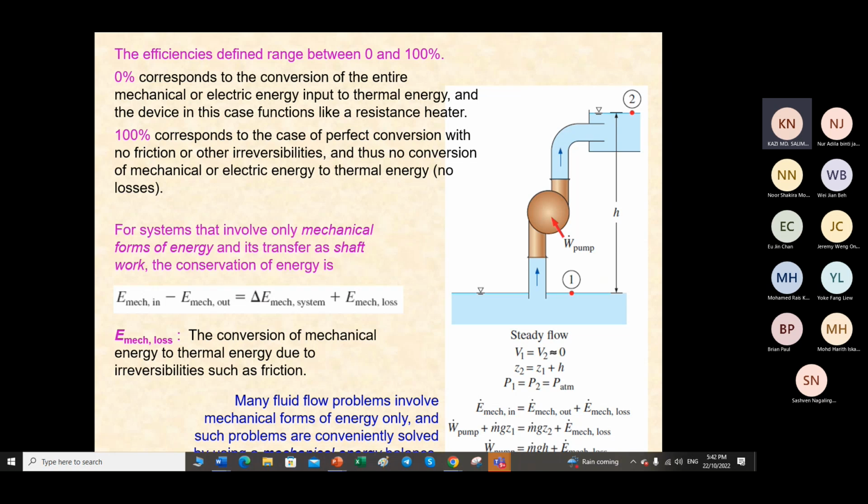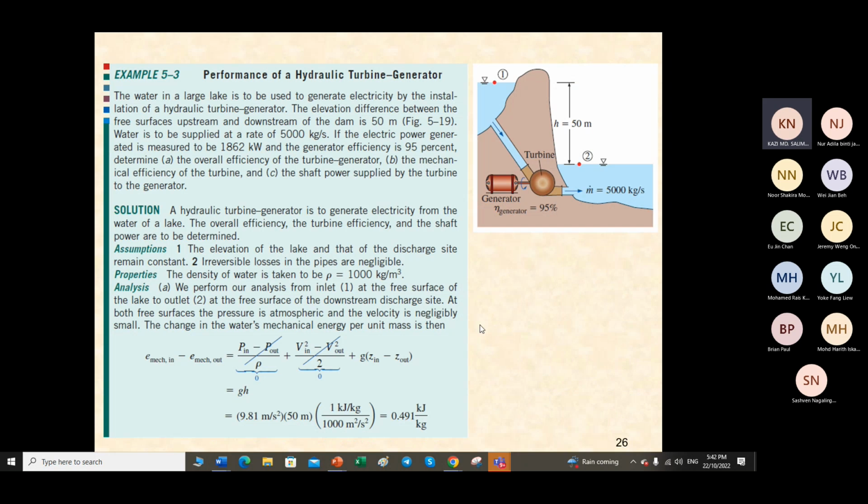So the work W is mgh plus the E mechanical losses there. With it, we go to solve this problem here.